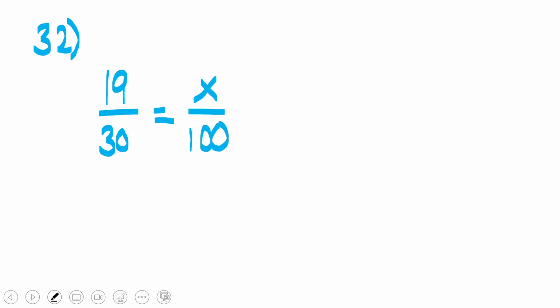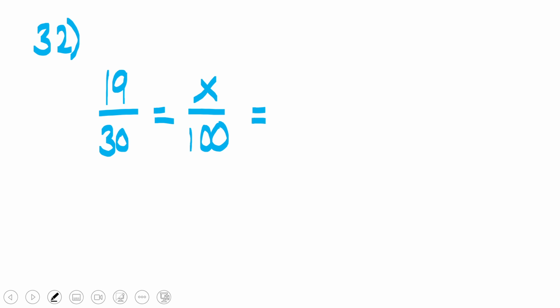Okay, 32 in your work. Write a proportion to change the fraction to a percent. Solve and round to the nearest tenth of a percent. Okay, so we have 19/30 parts equal to, we don't know, x out of 100 parts.